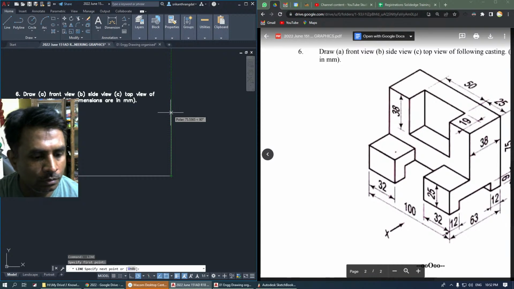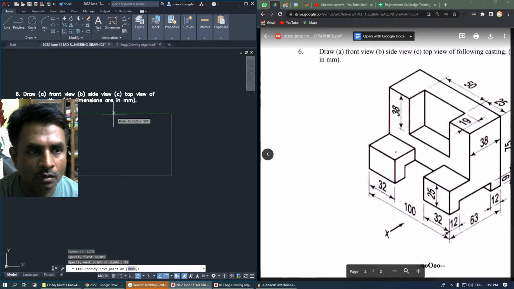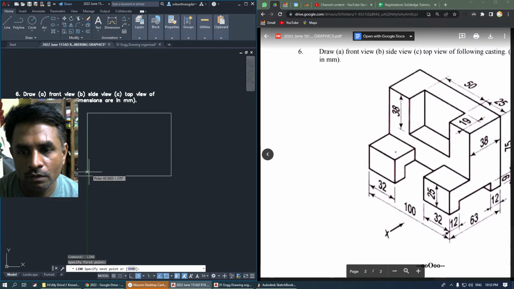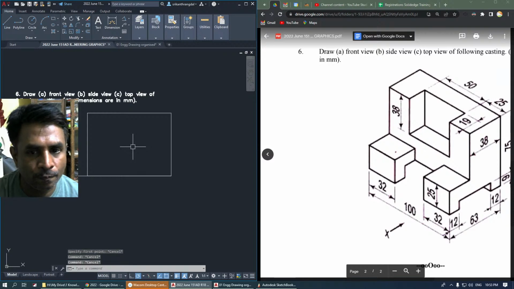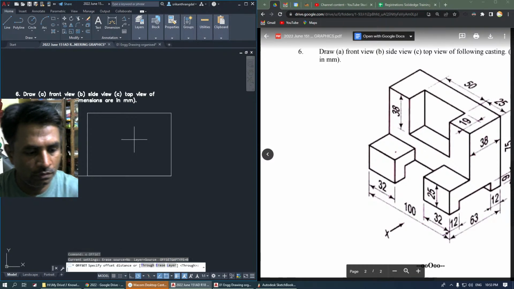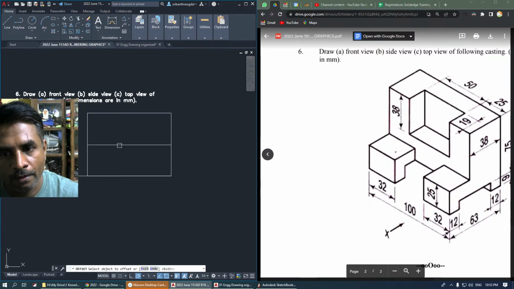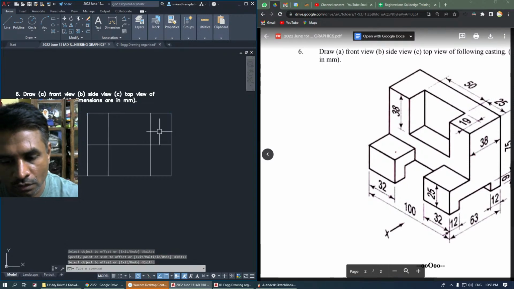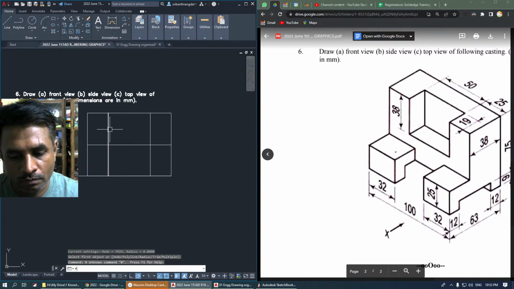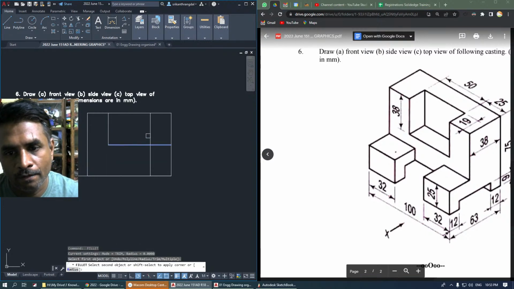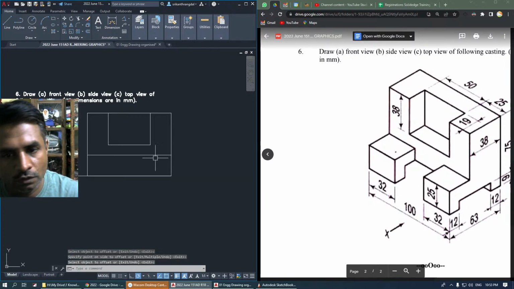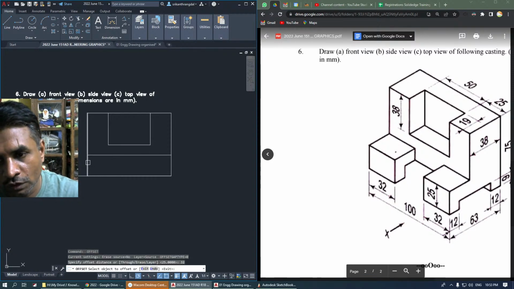Vertically up, so we say 5. Then this side. And then 25. And then 25 for the bottom. 33 distance from both the sides.